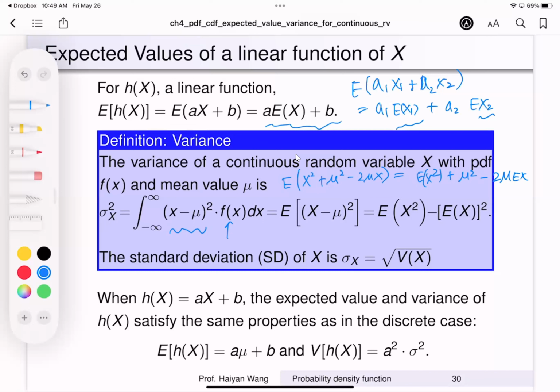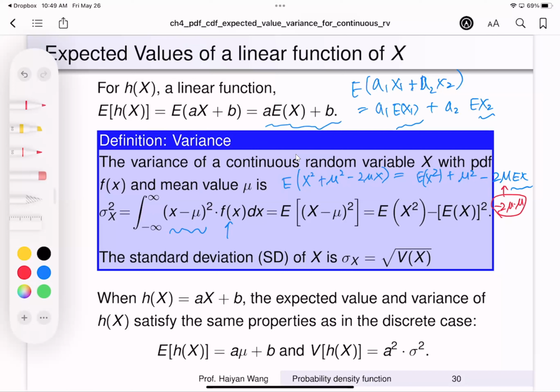You couldn't really put the square outside of the integral, so we have to keep the x squared inside of the expectation. And E of x is simply equal to mu. Therefore, it becomes negative 2 mu squared, and that cancels one of those mu squared. So in the end, what we get is E of x squared minus mu squared.